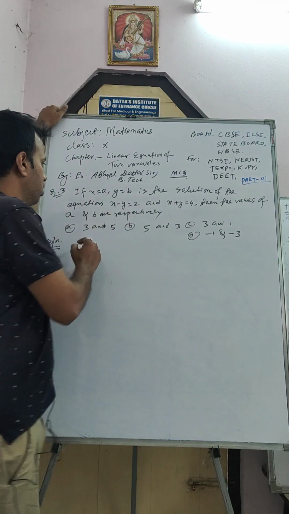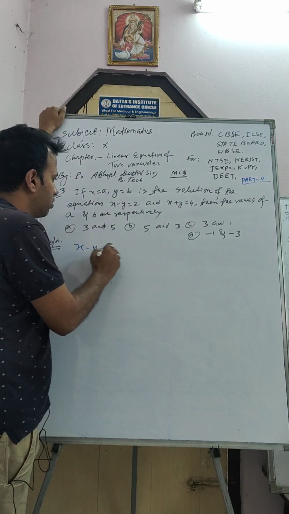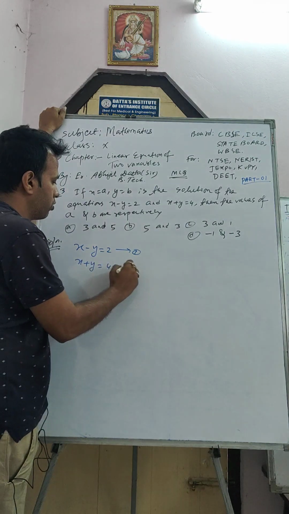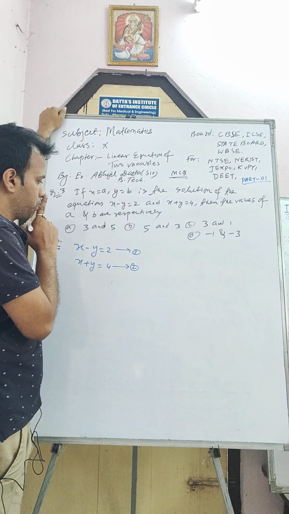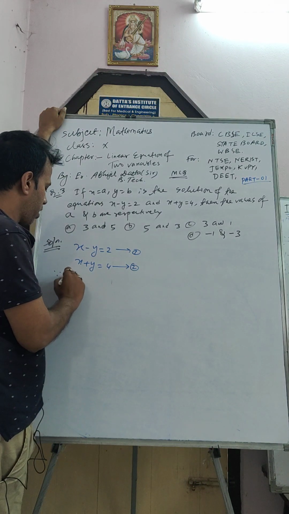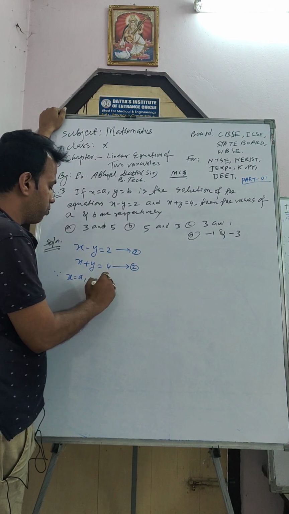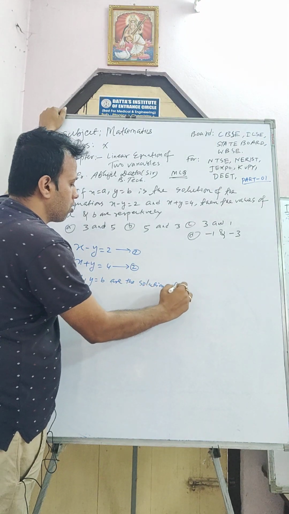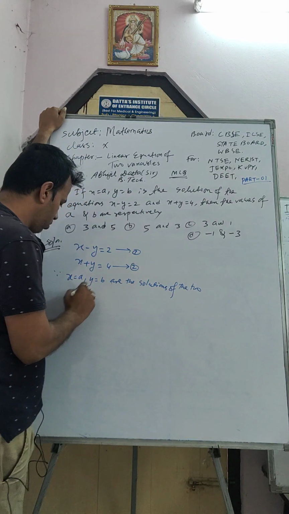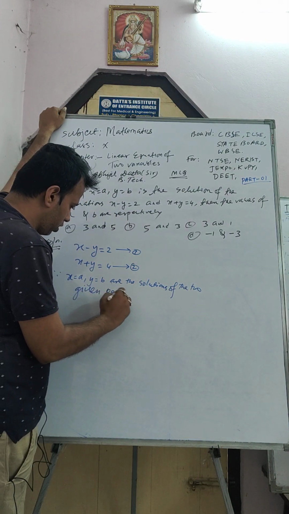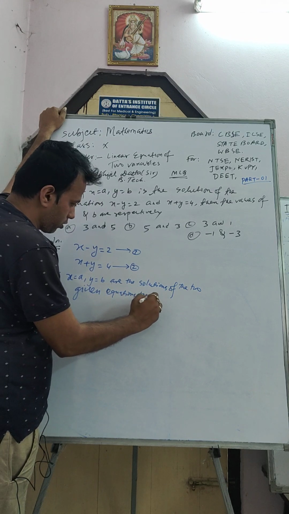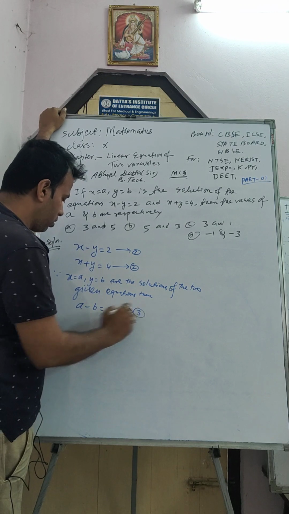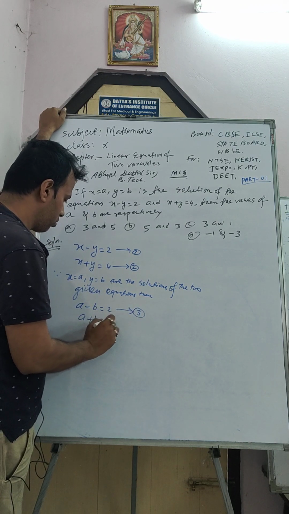Okay, there is another kind of equation. So I just first try equation 1 and x plus y is equal to 4. Since x is equal to a and y equal to b are the solution of the two given equations, then a minus b equal to 2, this one is equation 3, and a plus b is equal to 4.